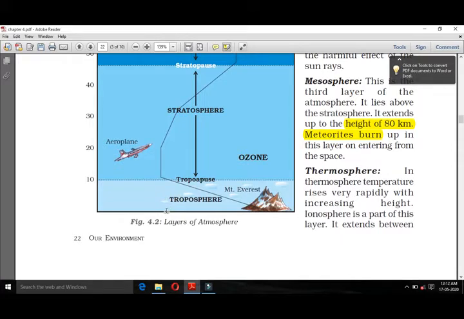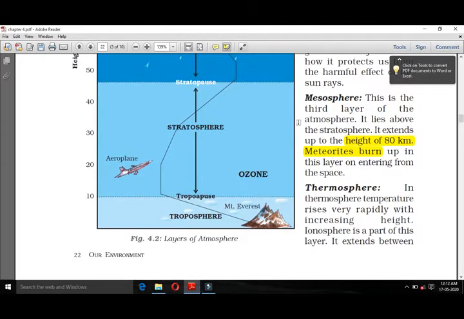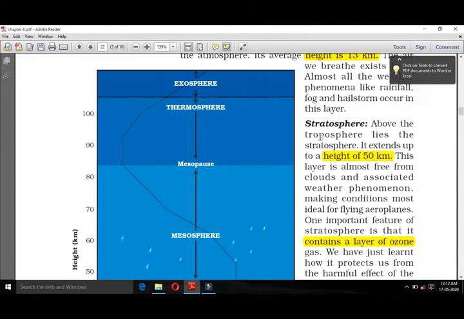It is the lowest layer, from our soil up to 12 or 13 kilometers. In this book it is written 13 kilometers, but actually it is 20 kilometers. But after 12 or 13 kilometers, you can't breathe properly. This is why we take 13 kilometers as the troposphere.